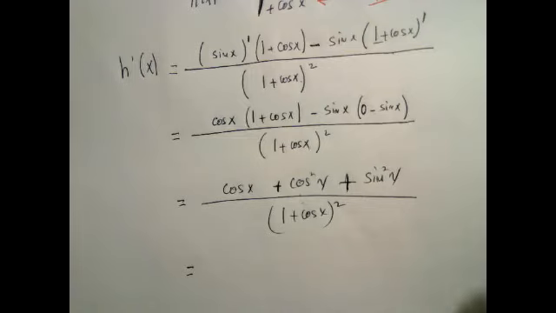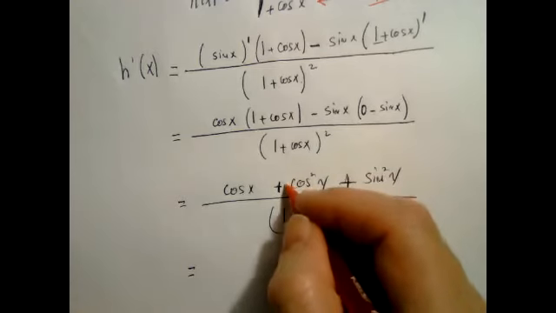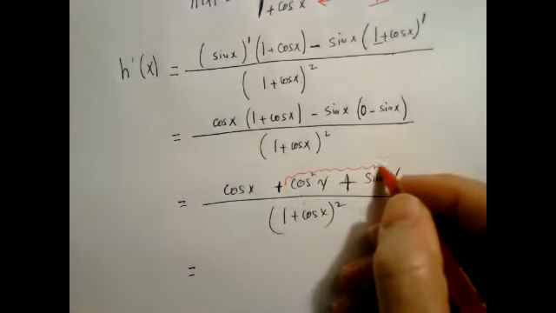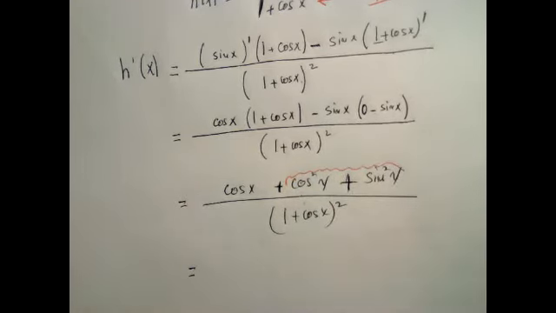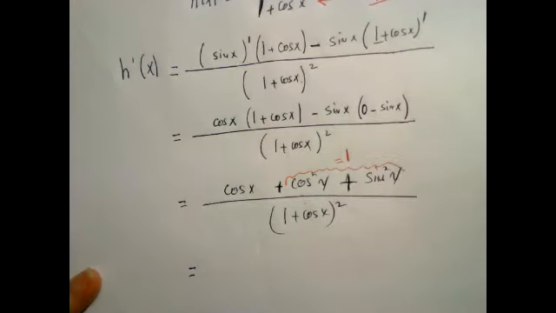Okay, no problem. Now, the question was again, can we do better? So one of your classmates tells me, cosine squared plus sine squared, that's the most basic trigonometric formula I would like you to know, which tells me that this is equal to 1. So it's nice to use properties we have.